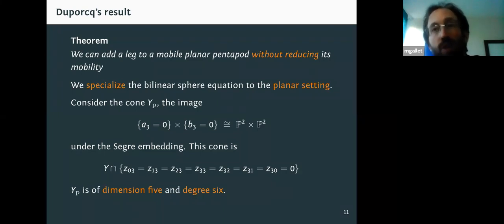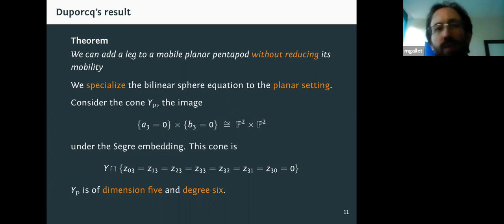Since in this case we talk about planar pentapods, let's specialize to a planar setting. So namely, inside the variety parametrizing legs, I consider only the variety parametrizing planar legs. We call this variety YP of planar, and it is obtained by intersecting our cone Y of all legs with a special linear space.